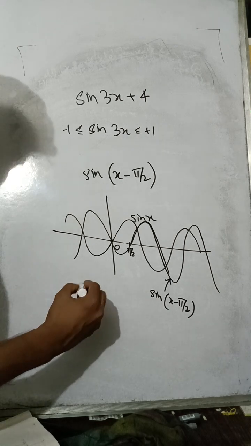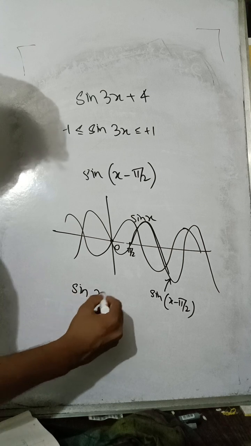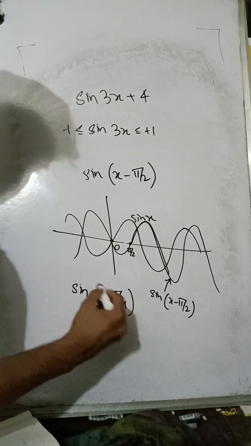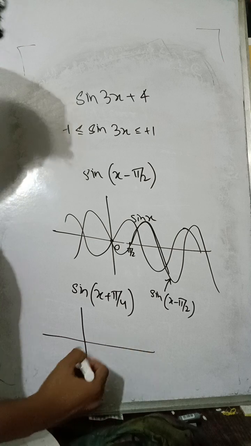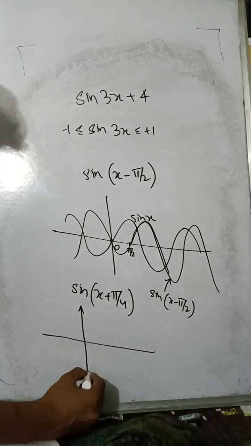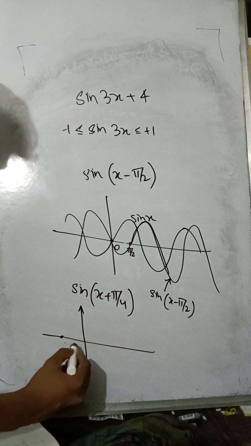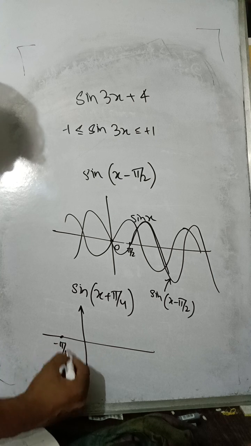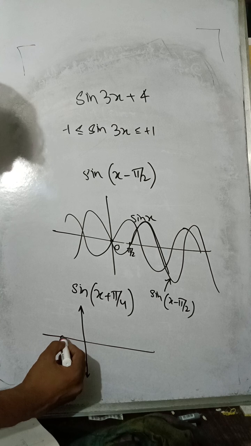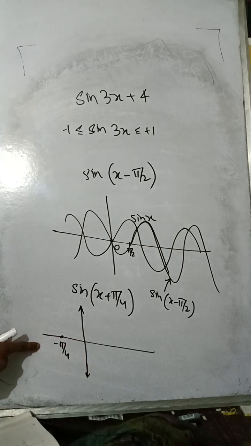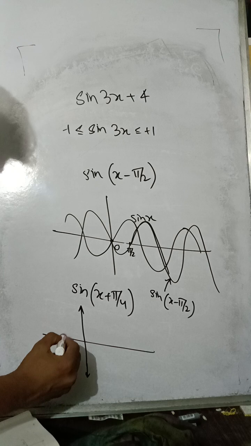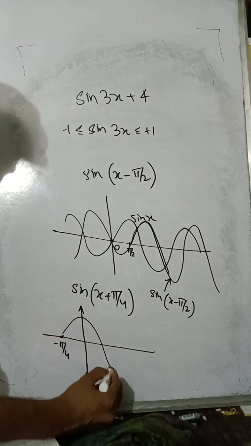What about sine x plus pi by 4? So x plus pi by 4 will start from here, such that this is basically minus pi by 4. So if this is minus pi by 4, it will look something like this maybe.